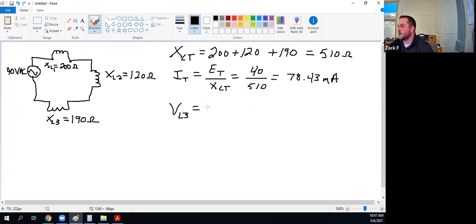So it'd be the current of L3 times X sub L3, right? Is the current in L3 the same as it is in the rest of the circuit? Yep.